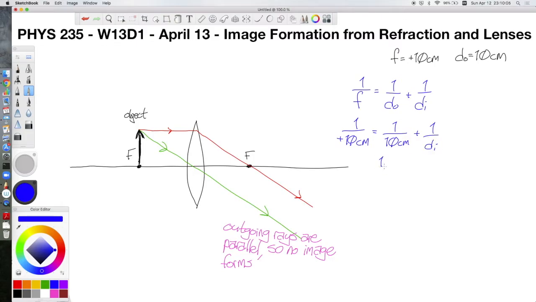And this means that you find that 1 over di is equal to 0, which means that di equals infinity. So the image will only form an infinite distance from the lens, which means the same thing we found from our ray diagram. The outgoing rays are parallel, so there will be no image that forms here, so we can't even calculate a magnification because there's no image.